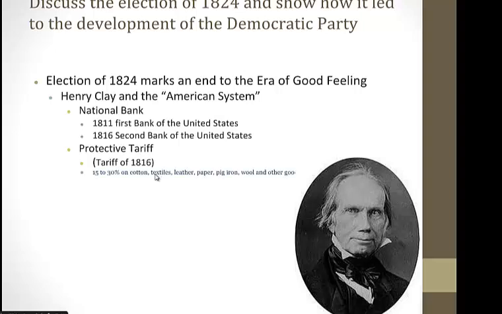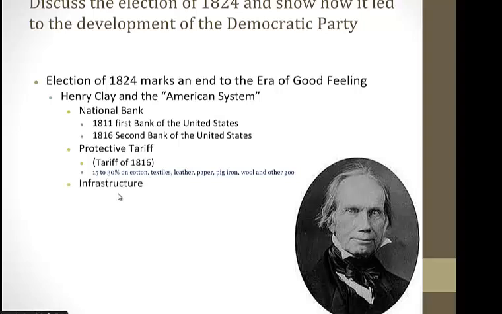With the conclusion of the War of 1812 and the normalization of relations between Great Britain and the United States, in an effort to gain back its market share in the American economy, Great Britain floods the American economy with cheap British goods. To stop that from happening, this tariff was imposed on British goods to protect American businesses.